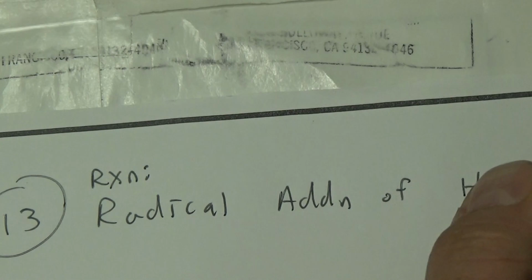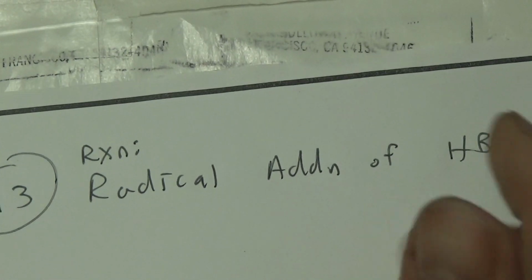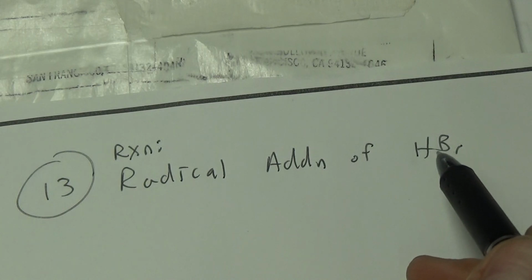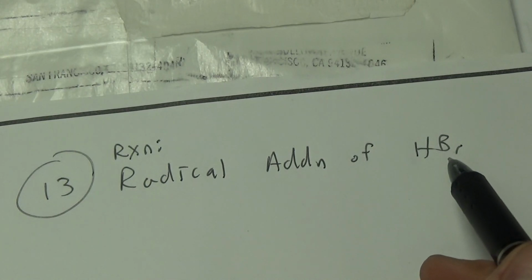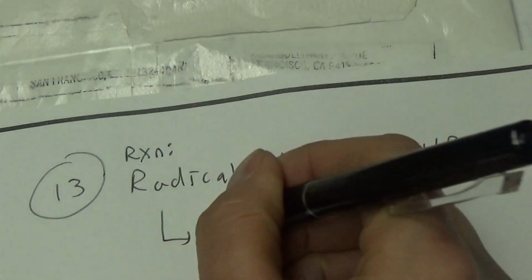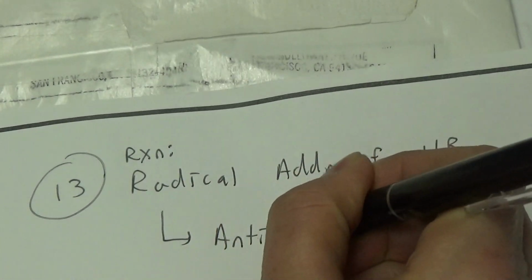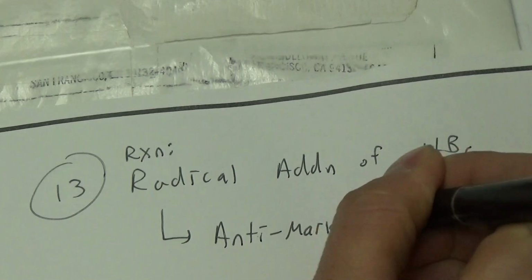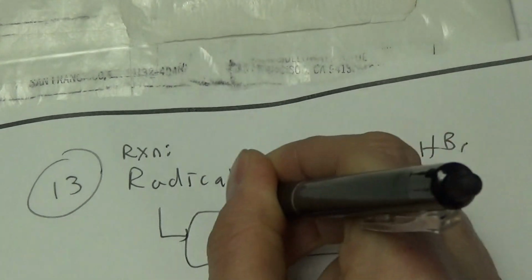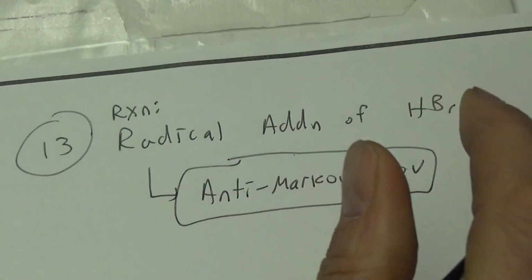At the very beginning of this chapter we talked about how HBr added to alkenes. Almost the first reaction you learned about. And we said it was Markovnikov, right? This is Anti-Markovnikov. It's going to be a slightly different mechanism, and it might be a cool little extra credit-ish type mechanism.